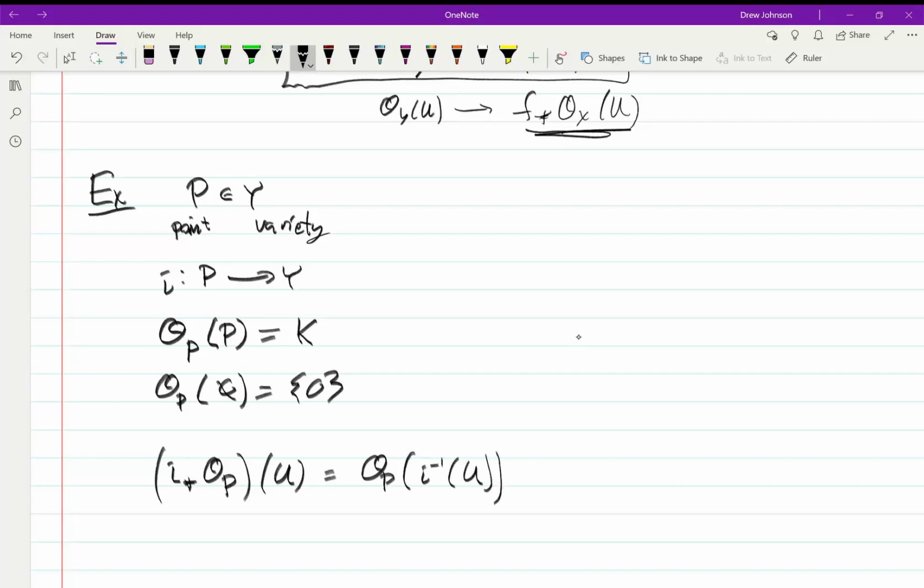I is just the inclusion of a point into Y, so I inverse of U is either just P if P is in U, and empty otherwise. So the sections are the field K if P is in U, and 0 if P is not in U.